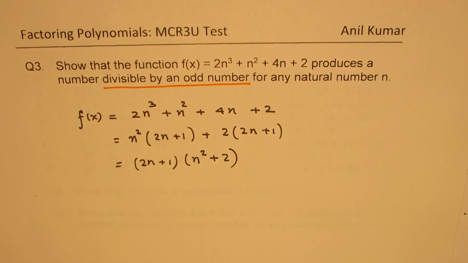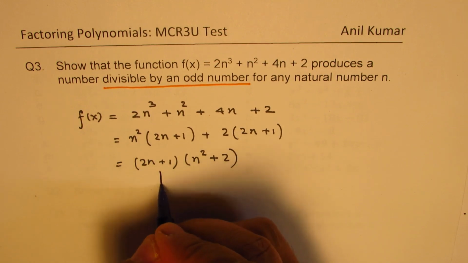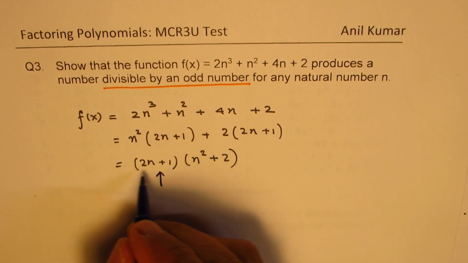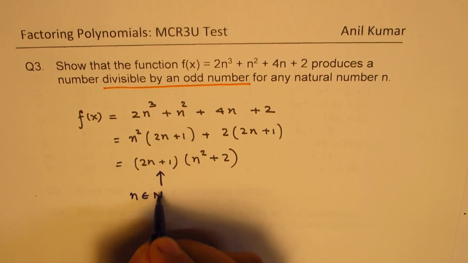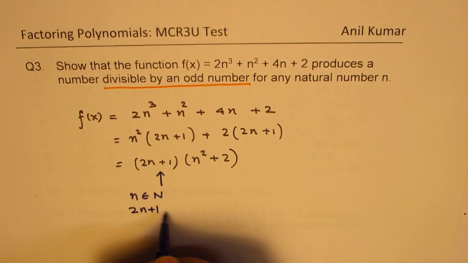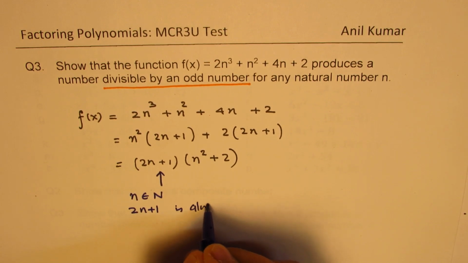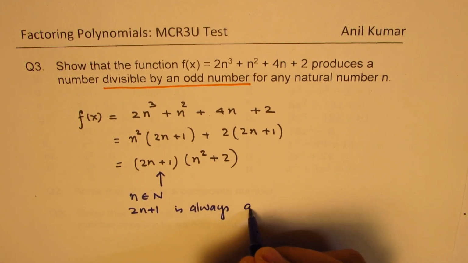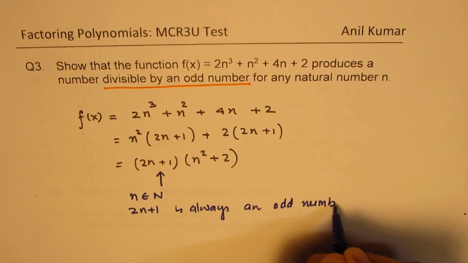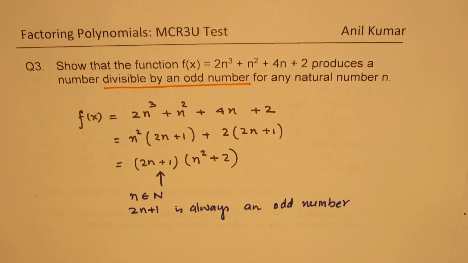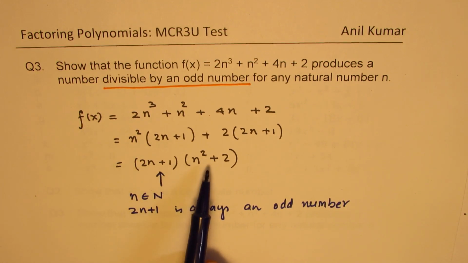Now, as you can see here, one of the factors is 2n plus 1. Now, for n belonging to natural numbers, 2n plus 1 is always an odd number, right? Correct? And therefore, the function is a product of an odd number times some other number, right?